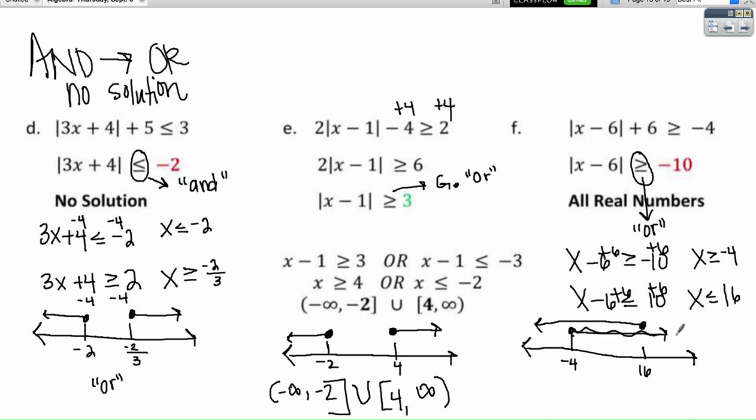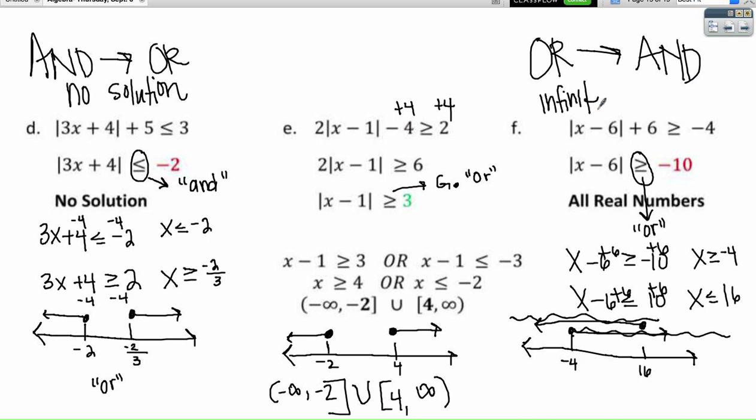Well, if it could be everything this way, and it could also be everything this way, then it could be any number. So if an "or," which I know when I clean it out is supposed to become an "or," turns into an "and" on my graph, that will always result in infinite solutions. So if an "and" turns out to be an "or," we know no solution. If an "or" turns into an "and," that's infinite.